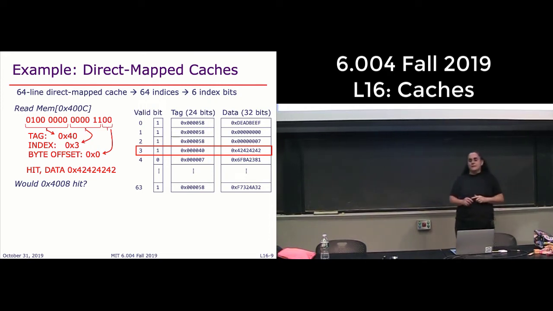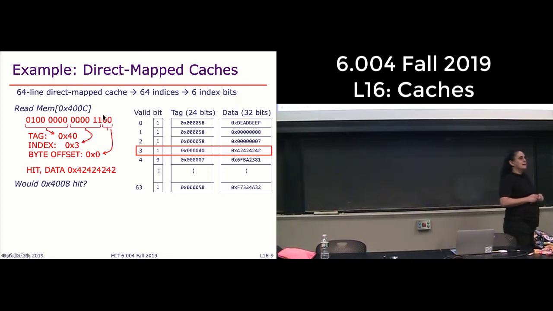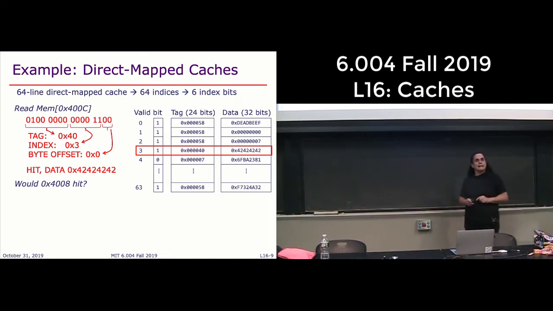What's going to be the difference in the index of an address that was 400C versus 4008? The only thing that's going to be different is that this bit here is going to be a 0 instead of a 1. Okay, so what does that mean my index is?